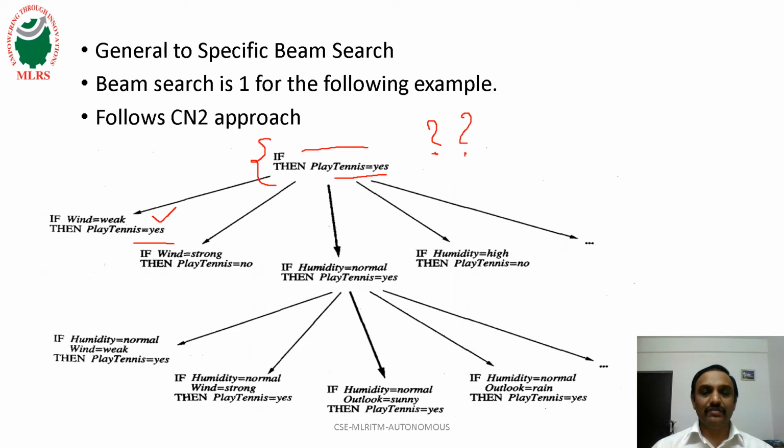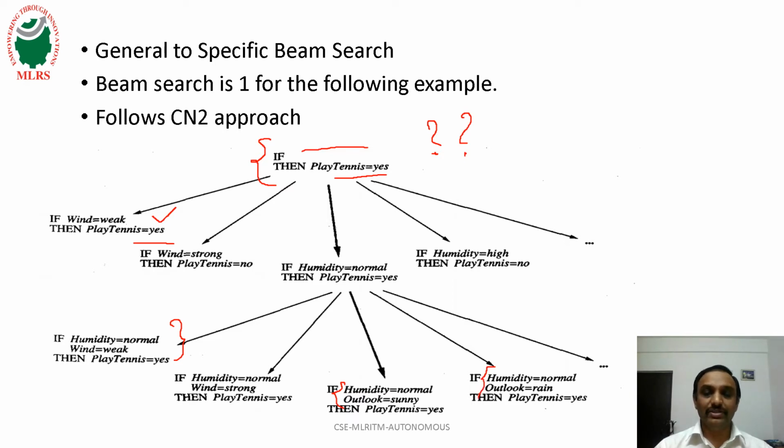So in the root level, we take the most general. In the next level, we consider one attribute. In the level after that, we consider two attribute values, such as humidity and wind, humidity and outlook, humidity and temperature, and so on.